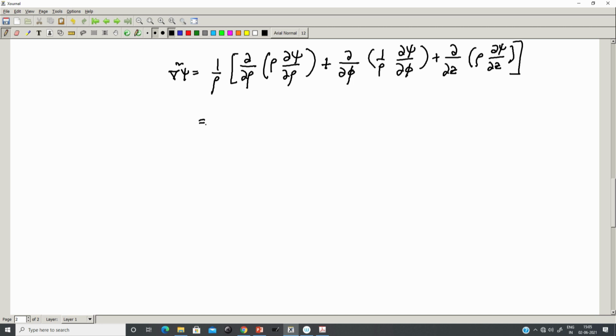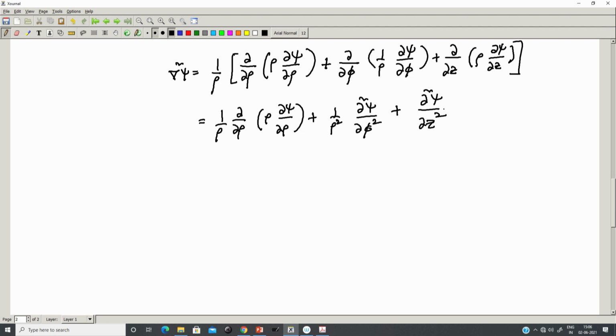So, that is equal to 1 by rho del rho of rho del psi del rho, plus 1 by rho square del square psi del phi square, plus del square psi del z square. That is pretty much simple to understand.